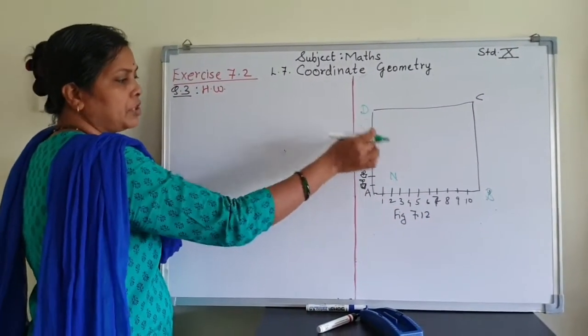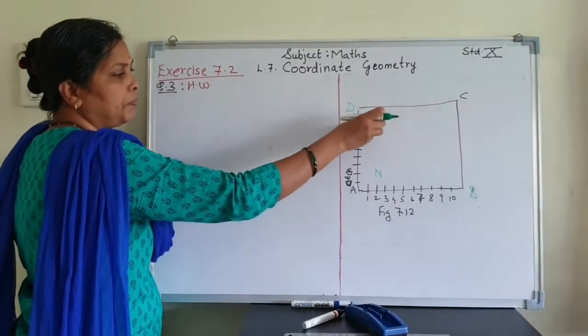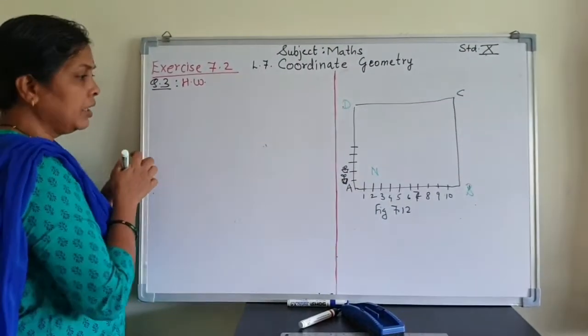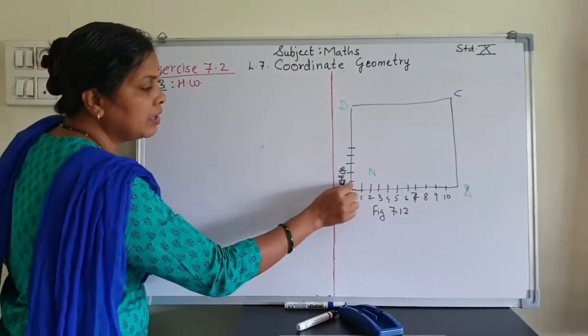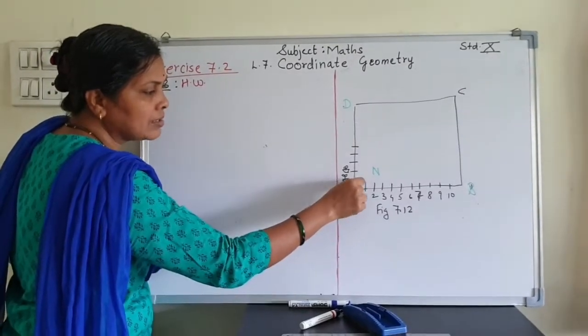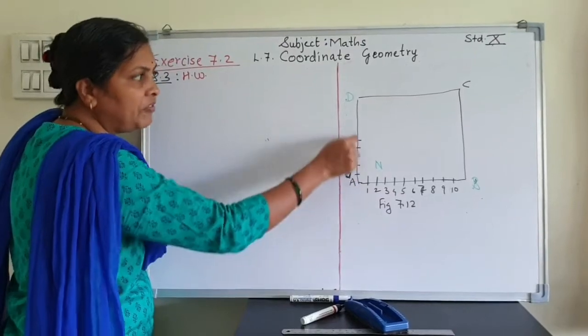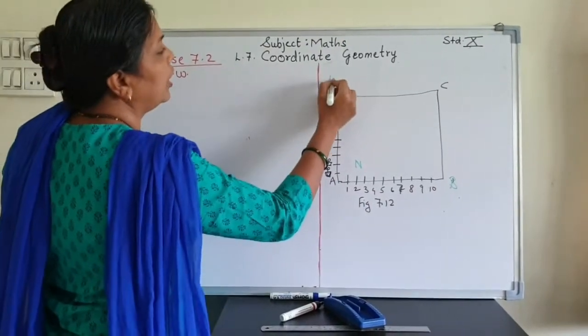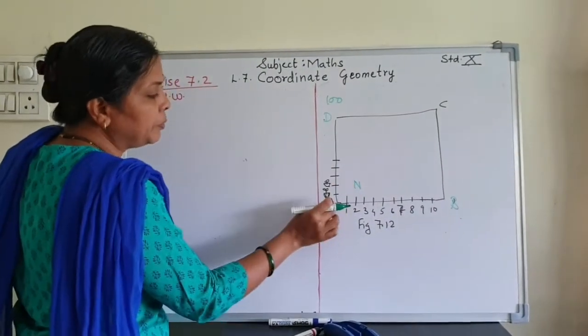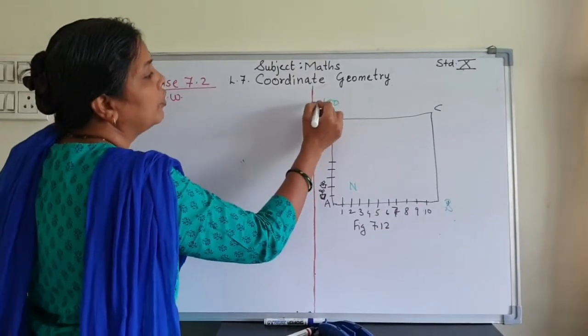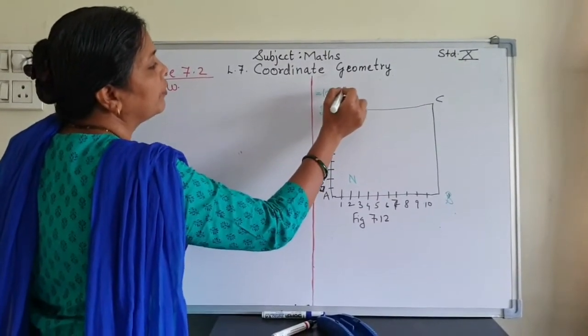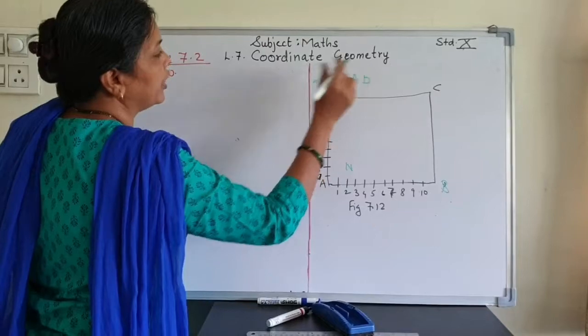Niharika would be here. What is AD? For each unit they have kept one flower pot. How many flower pots are there? Total 100 flower pots. It means this AD is 100 units in length.